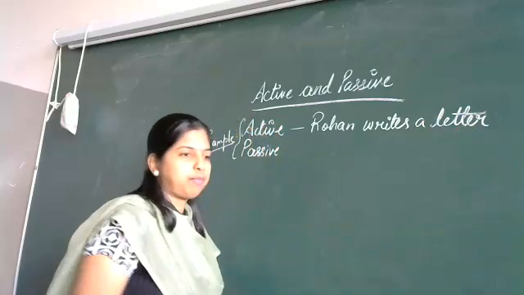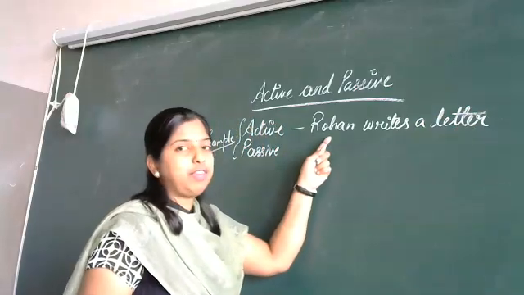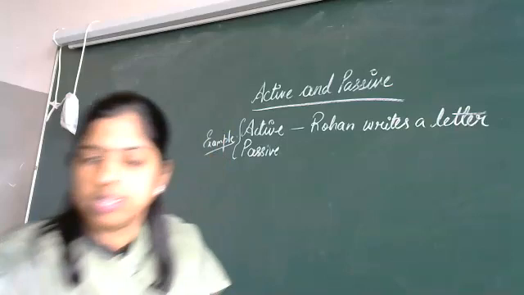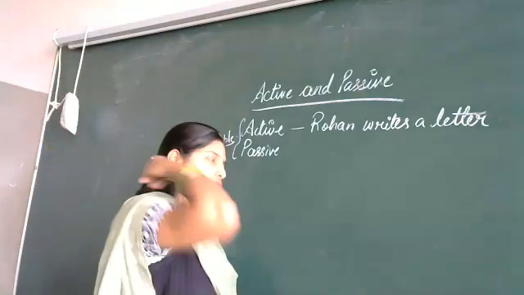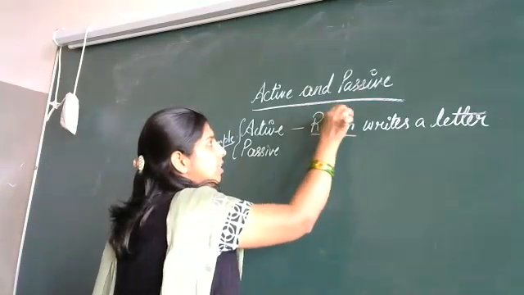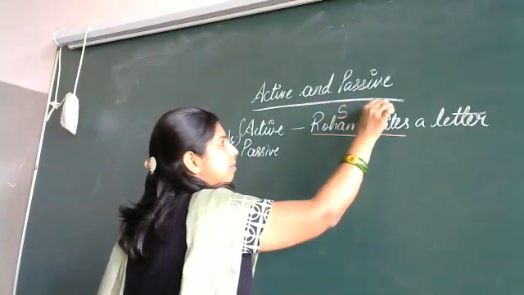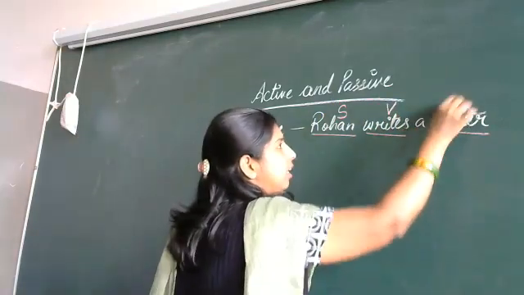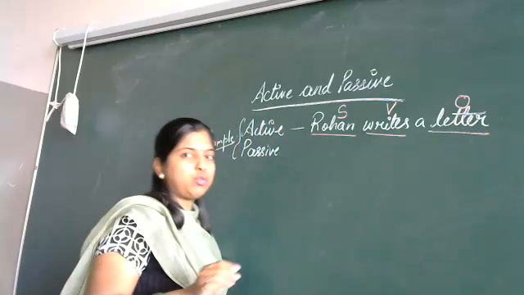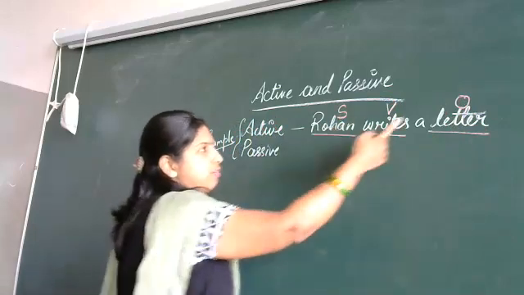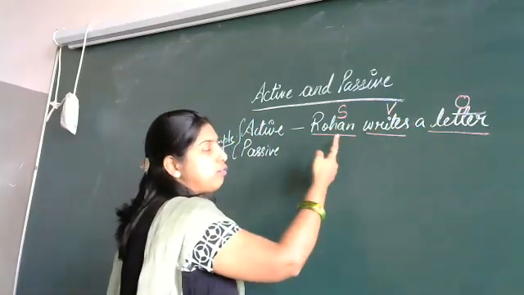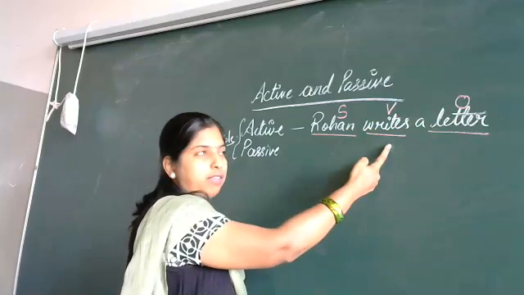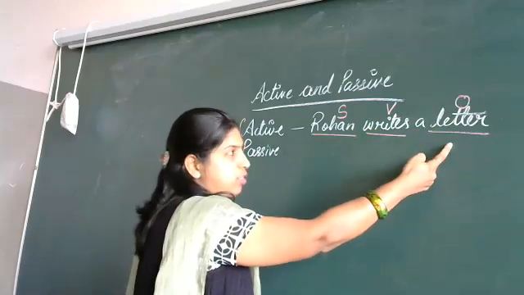This is an active. Why? Because here we have got a subject. Yesterday I told you a small short form of it. This is a subject. This is a verb. And this is an object. So what you need to see in the active sentence? SVO. That is subject first, then followed by the verb, then the object.